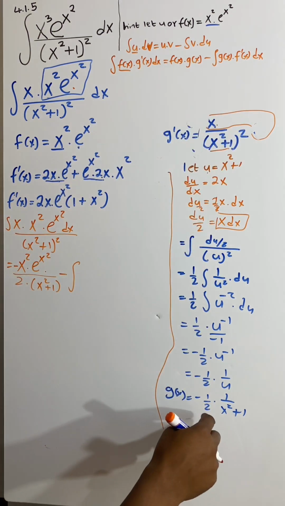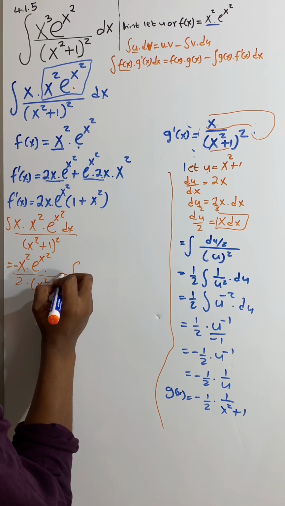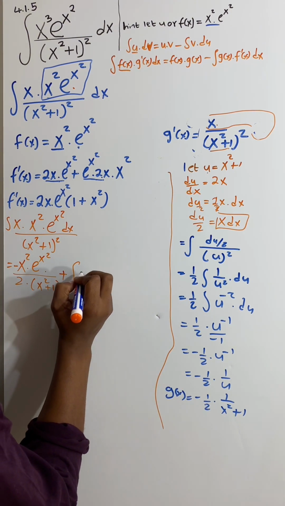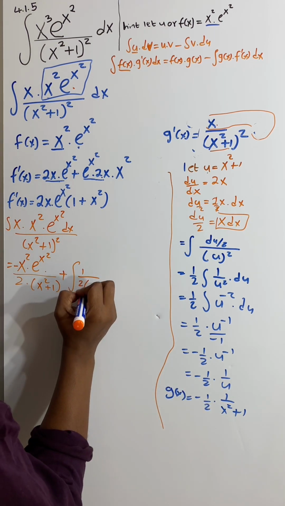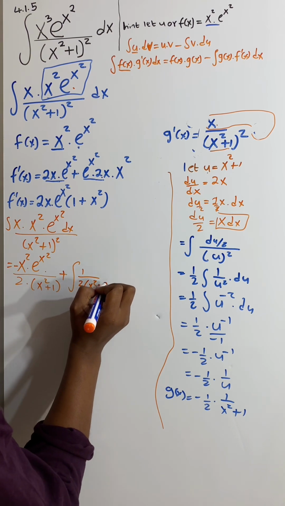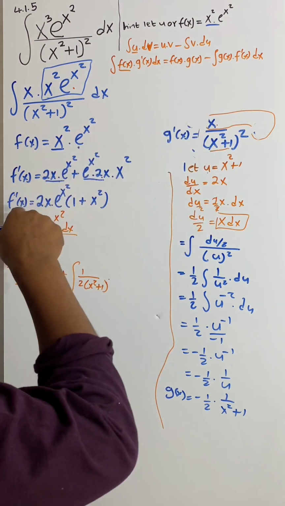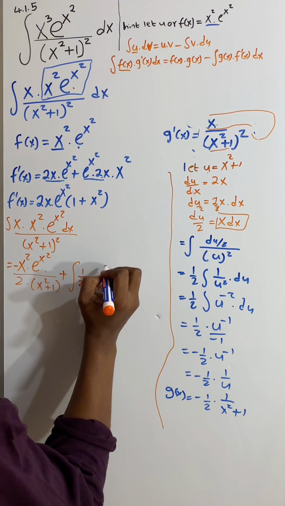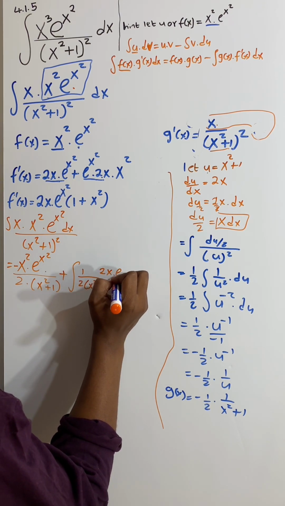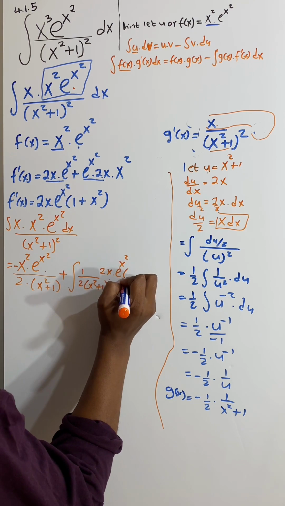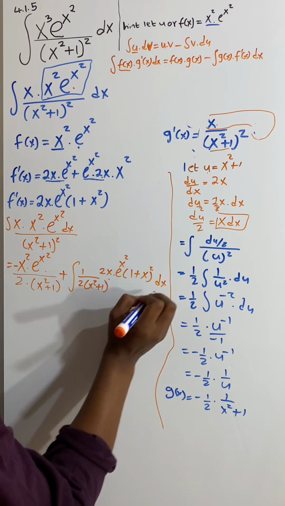Our g of x we determined as negative 1 over 2. So that negative multiplied by this negative will be positive 1 over 2 multiplied by 1 over x squared plus 1 multiplied by f prime of x. Our f prime of x, we simplified it and took out the common factor, and we said that it was equal to 2x multiplied by e to the power x squared multiplied by 1 plus x squared dx.